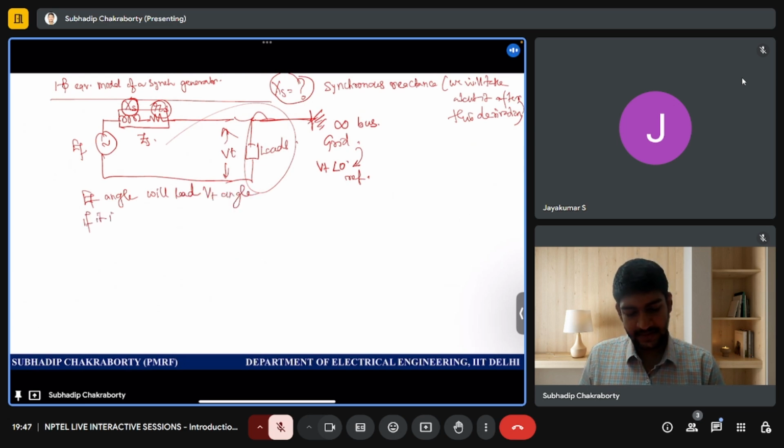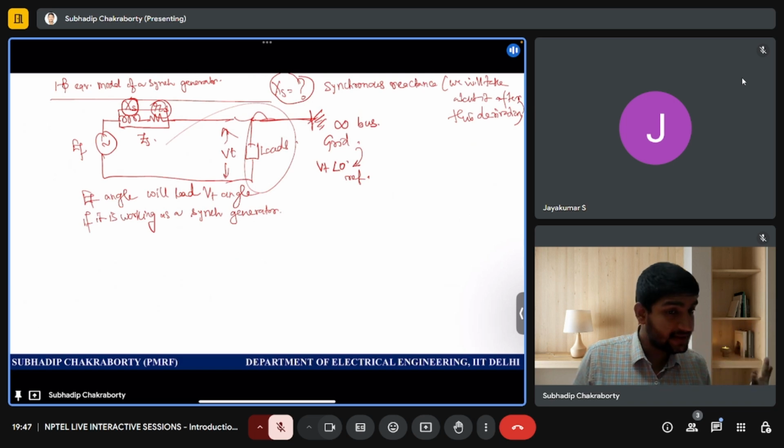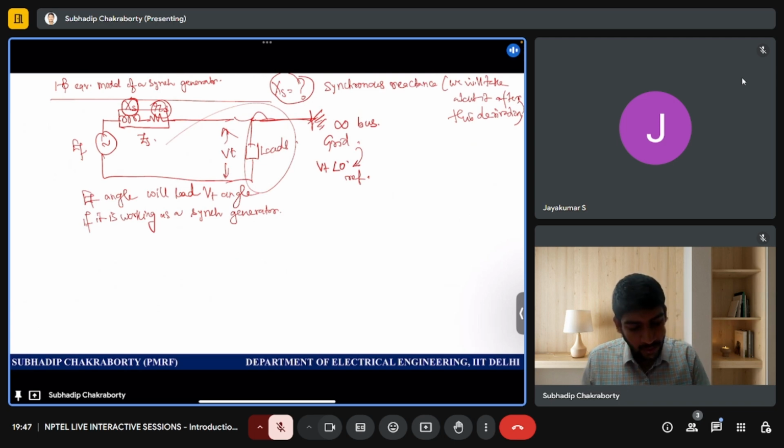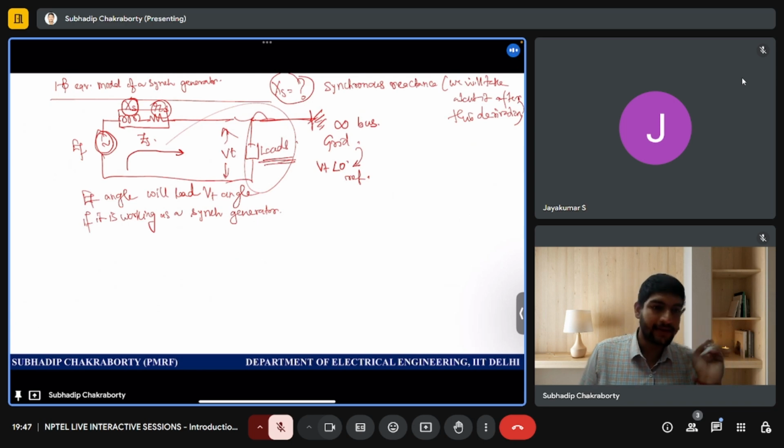If it is working as a synchronous generator, I'm not talking about the amplitude. Amplitude of EF and VT may be different. All these we will see in the phasor diagram. But just for the time being, please understand that for power to flow from this side to this side, that is, my machine is acting as a generator, because from source to load the power is going, then please remember that wherever the power is coming from, that angle should be more than wherever the power is going to.